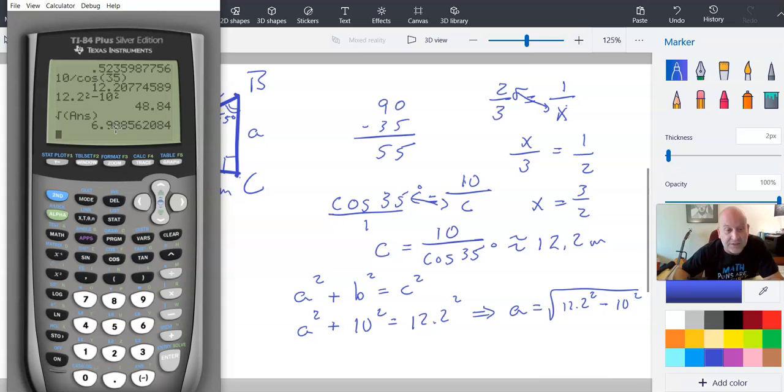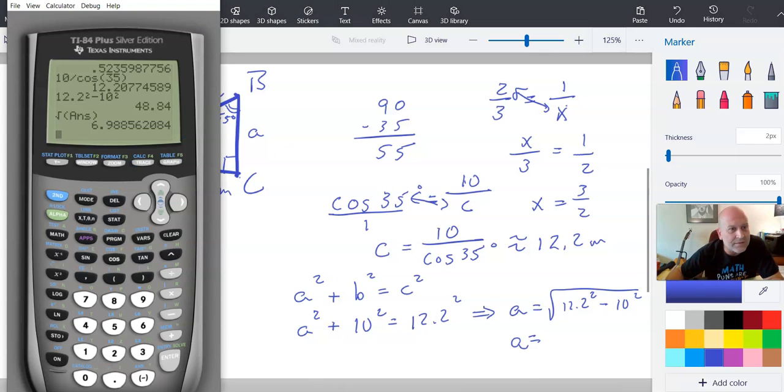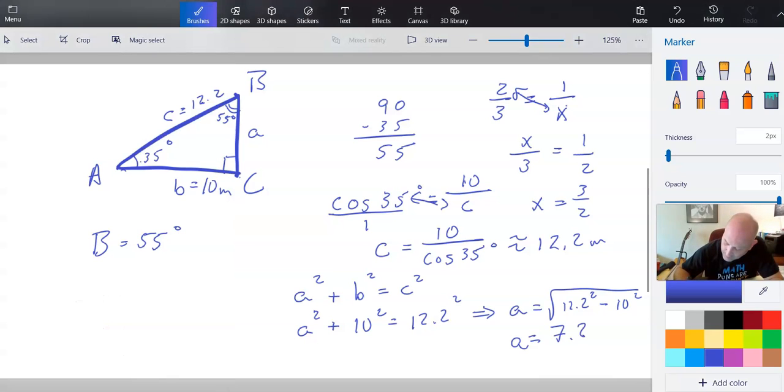Since we already rounded to one decimal place, I'm going to say A is 7.0 meters, right? And notice that is all the sides and all the angles.